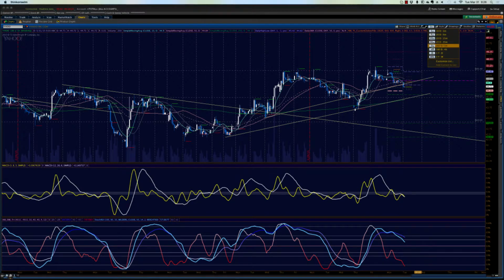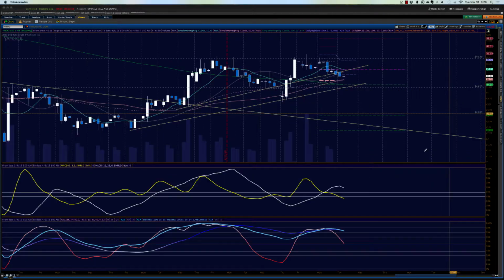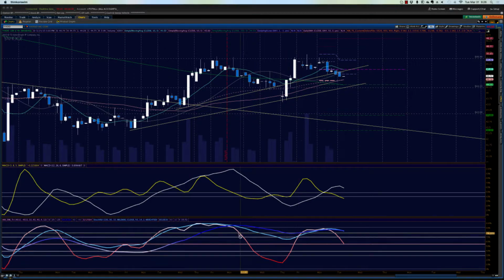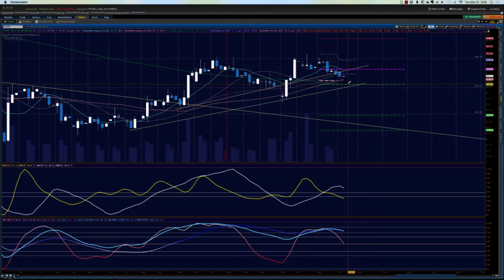Yahoo should come in and hold the 44.50 area. That's what we're going to be looking for from a bounce perspective. It's got a little bit of negative divergence, folks, so it could come in here, lose the level, and then come back again, which is what it's been likely doing. But it is squeezing a little bit here.